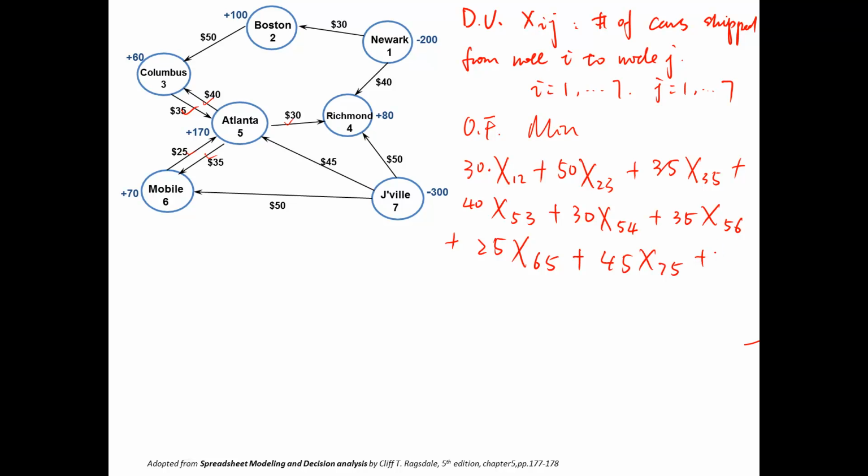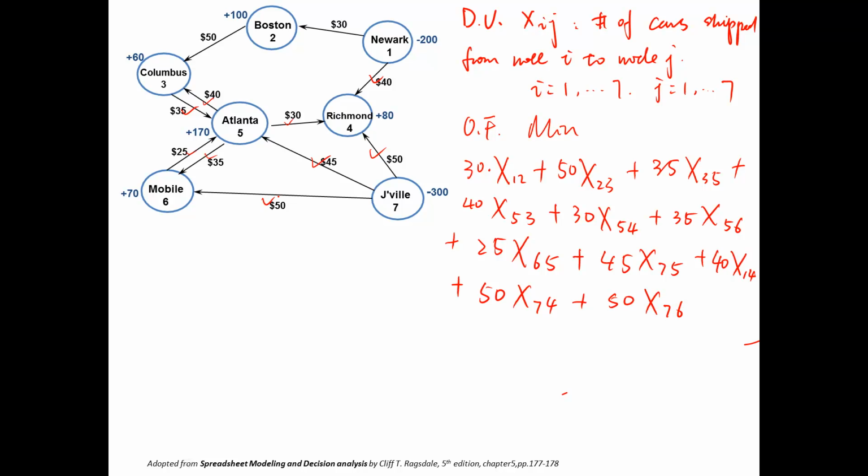Okay, plus. Then I'm going to go this way. 40 x14, plus 50 x74, plus 50 x.